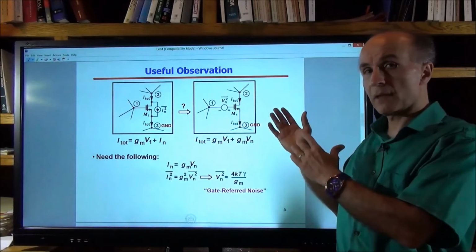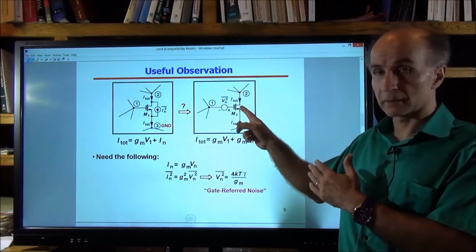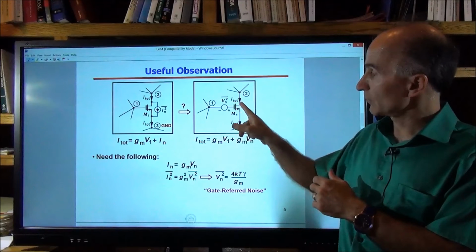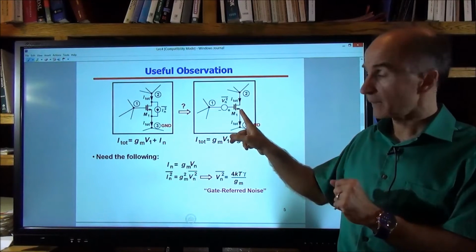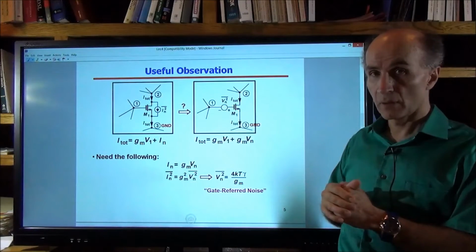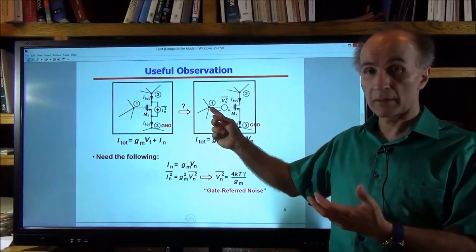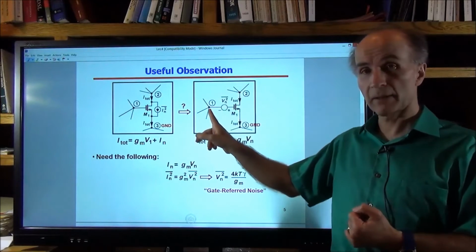Okay, now let's go to the circuit on the right-hand side and ask ourselves, how much is the total current here? Well, we are assuming that M1 itself is noiseless, and we are hoping that the noise of M1 can be modeled by a voltage source. So there is some voltage here called Vn. There is still noise in node 1, perhaps, because there might be feedback.